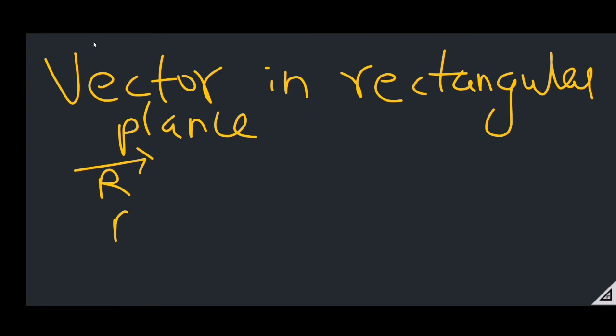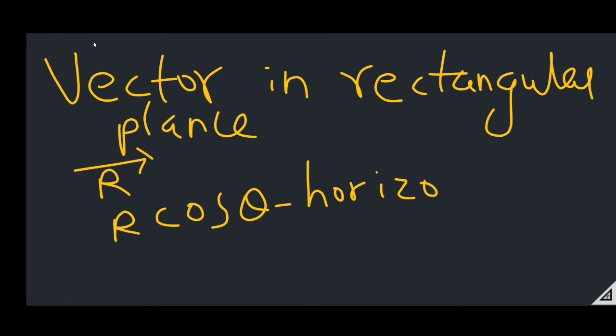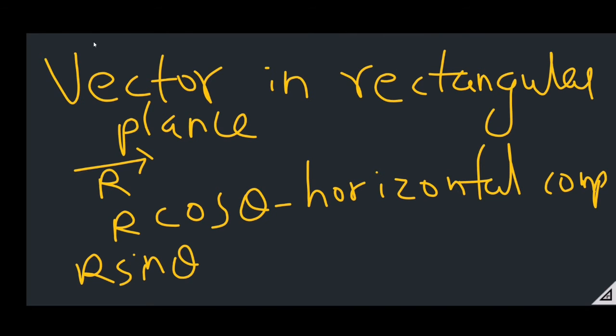R cos theta is the horizontal component, and R sin theta is the vertical component.